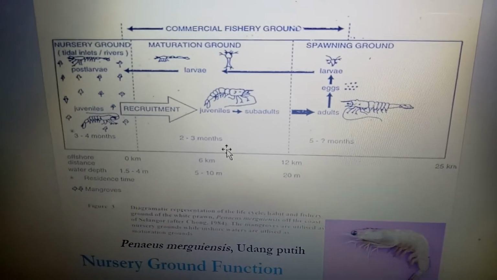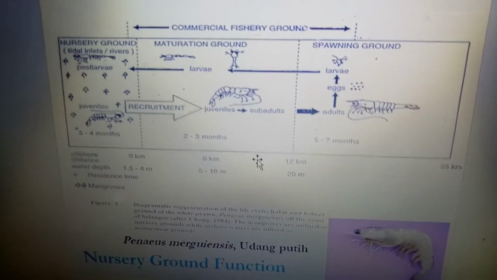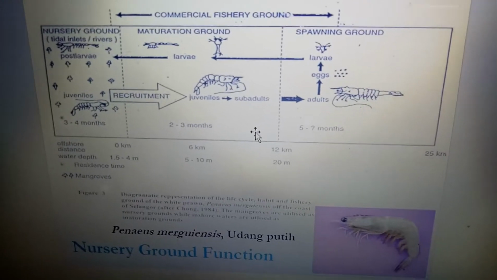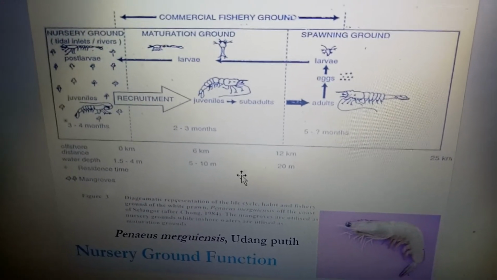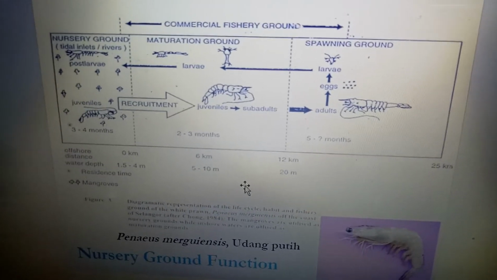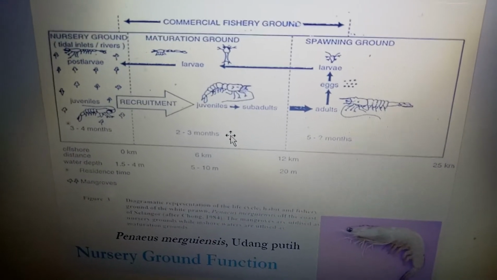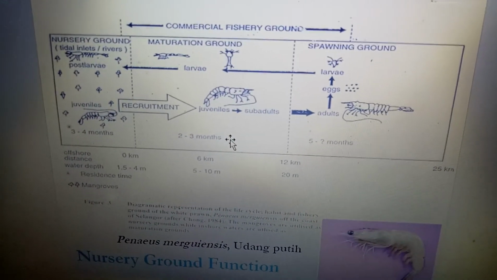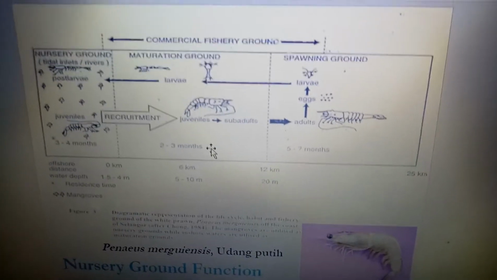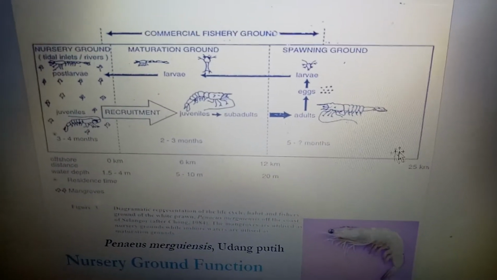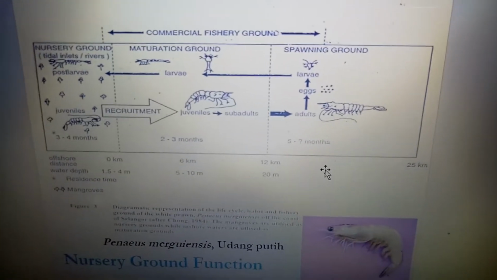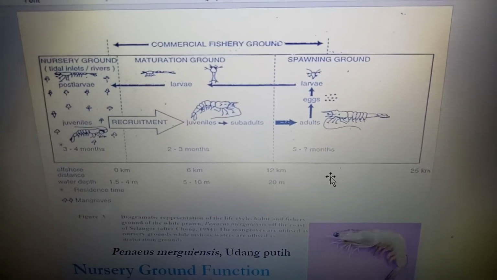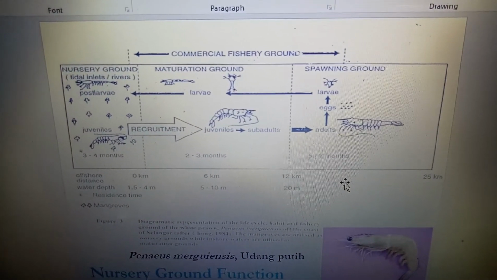Next, the maturation ground, as I told you before, is for udang putih aged 2 to 3 months, within 6 kilometer and 5 to 10 meter water depth. This is for those juveniles that have become sub-adults. Then they move on to the last area, the spawning ground. This is for prawns of 5 months and above, within 20 meter and above.